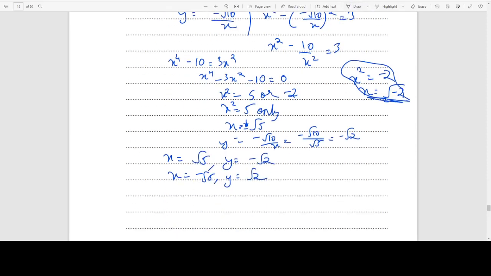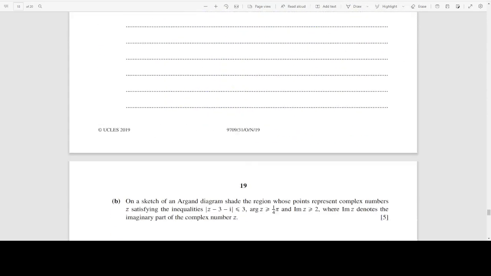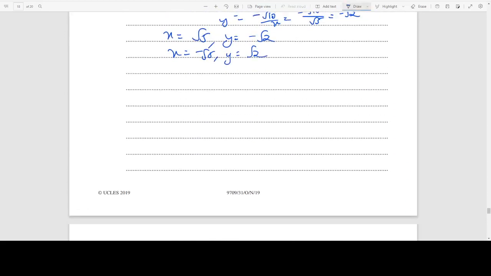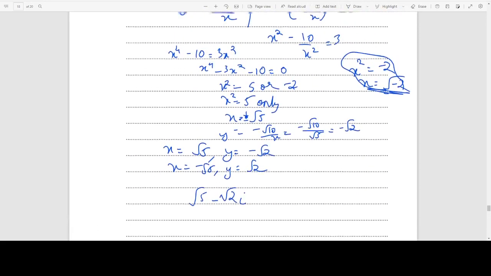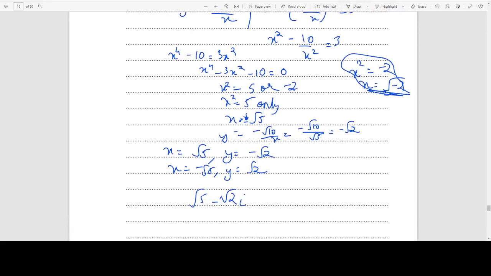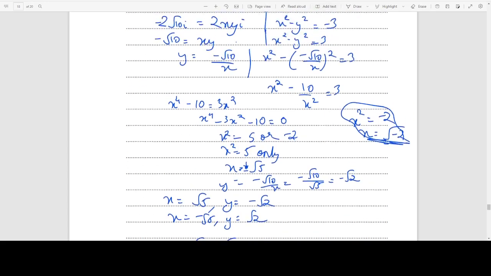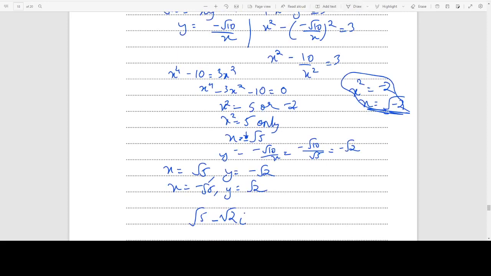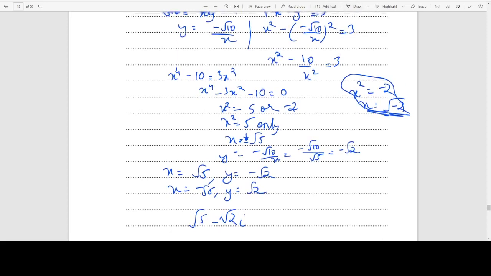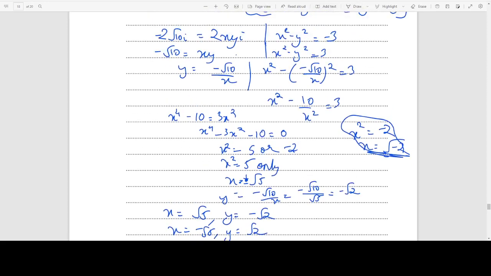So the two square roots are root 5 minus root 2i. Hold on guys, I think I might have just messed up a little bit.